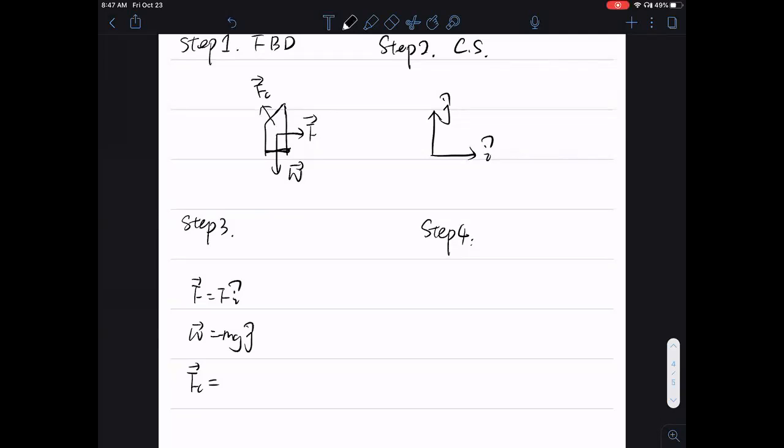Leave FC blank to test your skills on how to resolve the forces in the I and J directions.